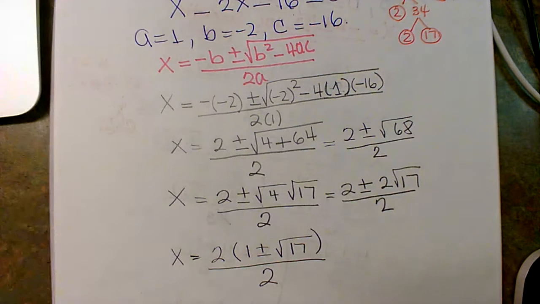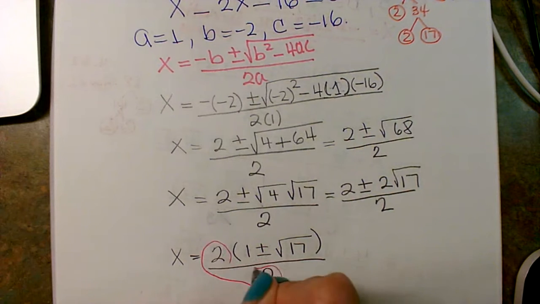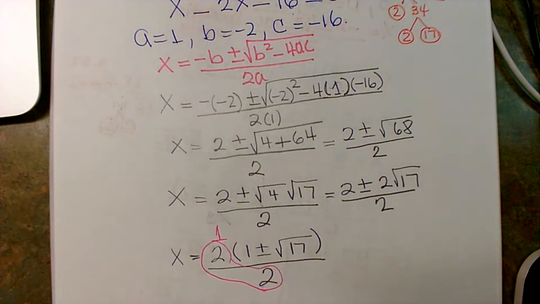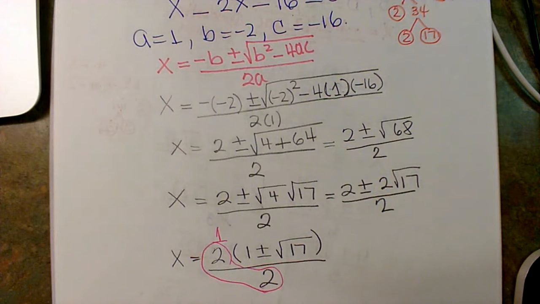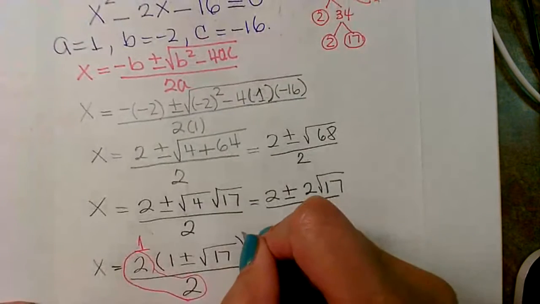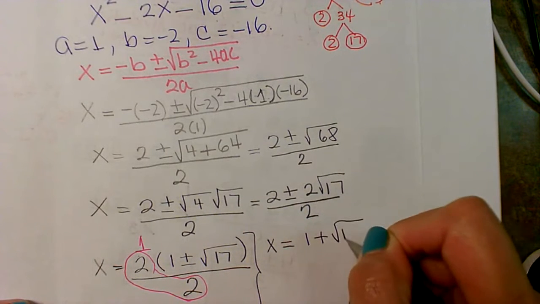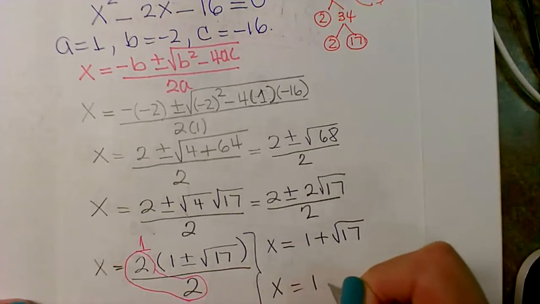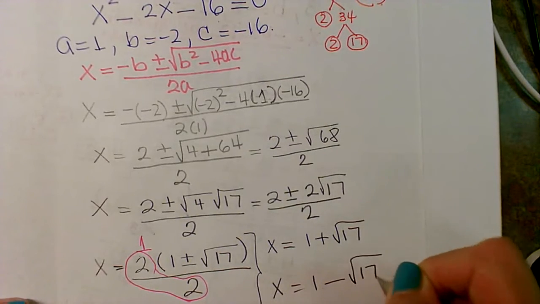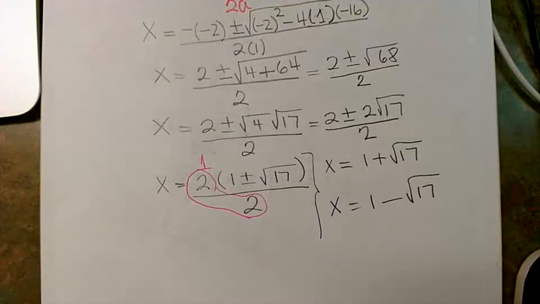So right here, we're making a 1, right? So what I get from here, my answer is going to be x is equal to 1 plus square root of 17. And the other one is going to be 1 minus the square root of 17. Okay? Look at that. Let me know if you guys have questions.